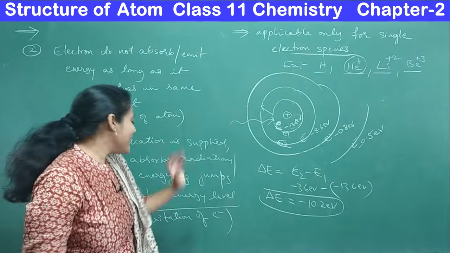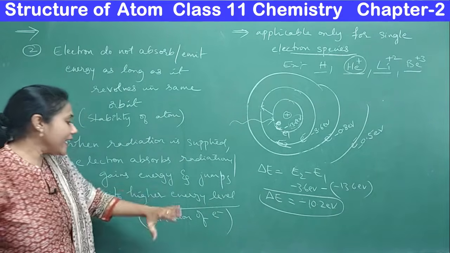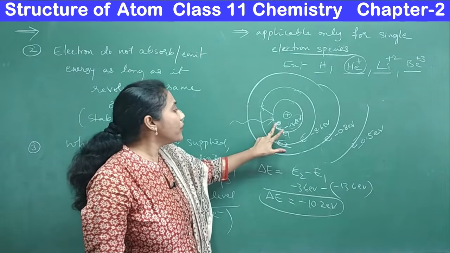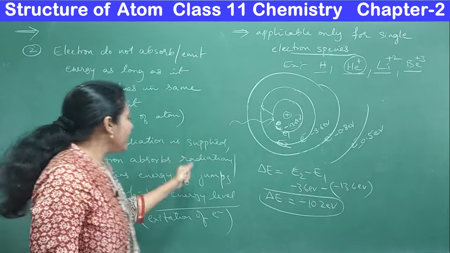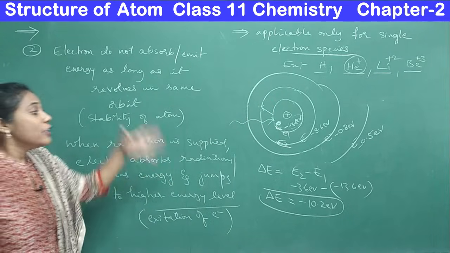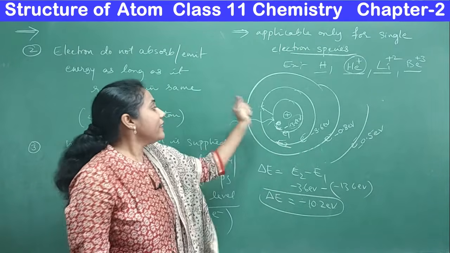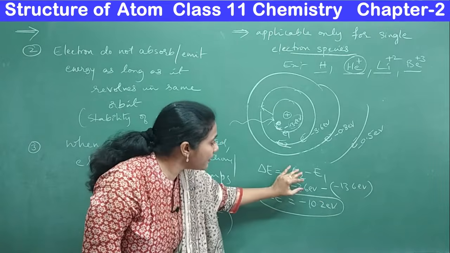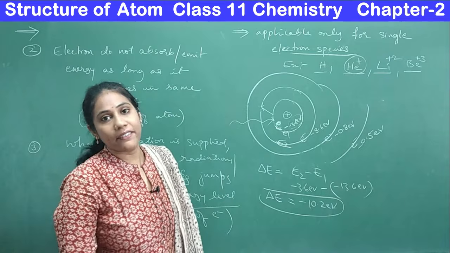So this is the concept you have to remember. For excitation of electron, that means if an electron wants to go from the first level to the second level or any other level, you need to supply energy from outside. So how much energy do you have to supply? The supplied radiation's energy must be equal to the difference between the second level and first level, if it is jumping to the second level.